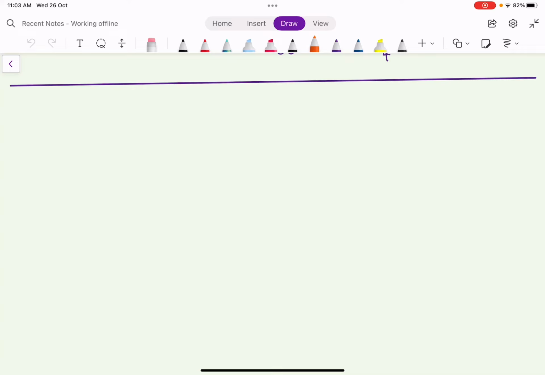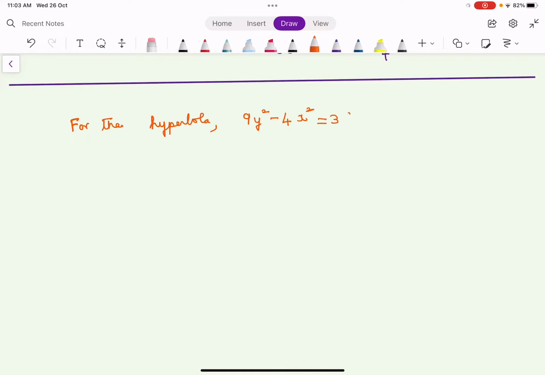How to calculate the vertices, the foci, the eccentricity, the length of the latus rectum, and so on. So coming to the next question, and that would be for the hyperbola: 9y squared minus 4x squared equal to 36.